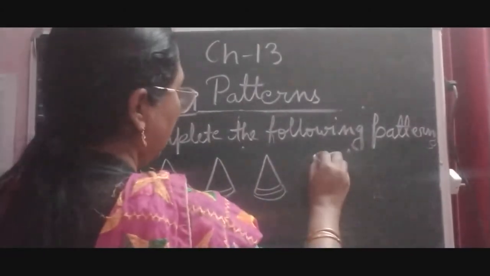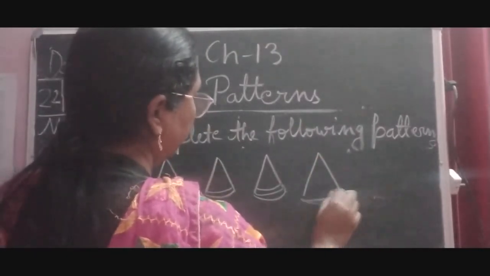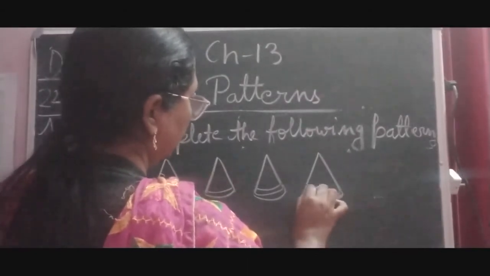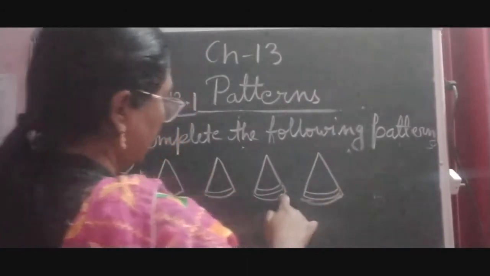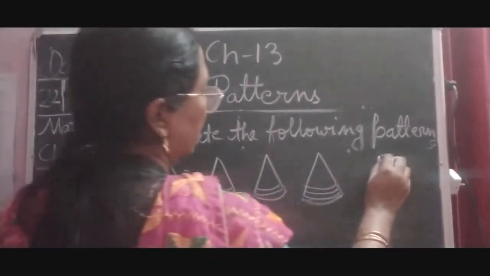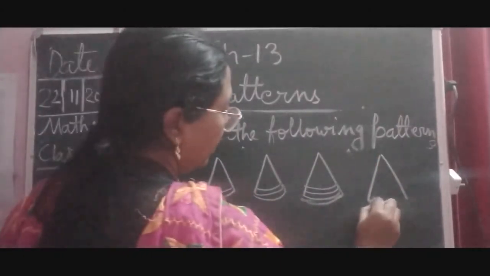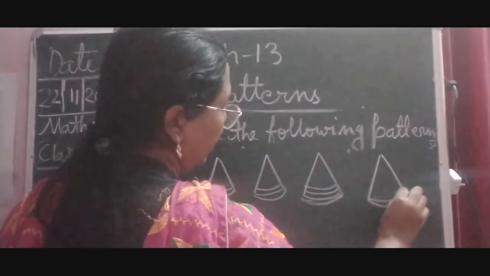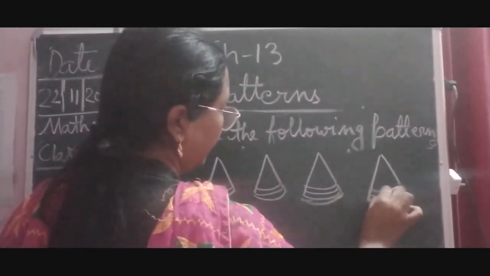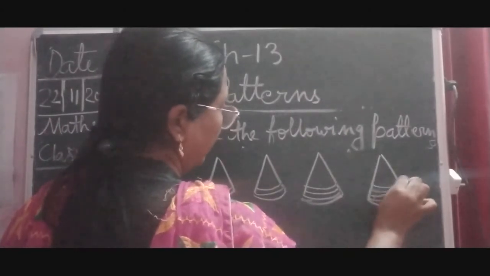Okay. Now in the next pattern you just see over here 1, 2, okay, and 3 lines. Okay, now in the fifth, 1, 2, 3 and 4.